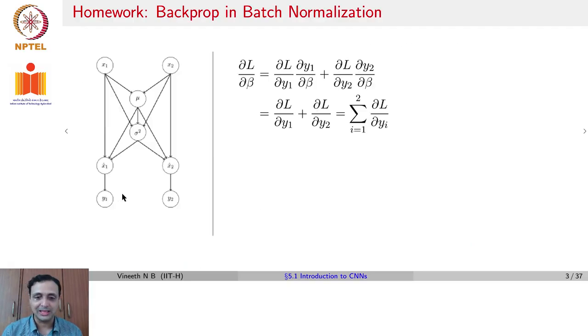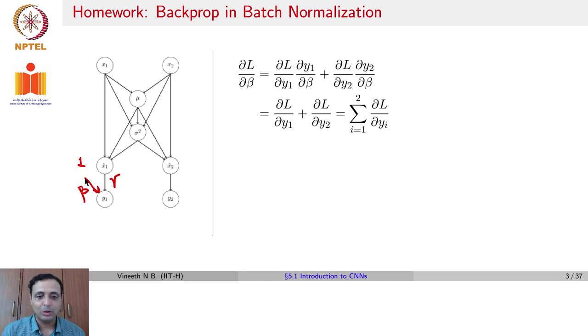Keeping that in mind, this is the main equation that you may want to keep in mind for the next few slides. So dou L by dou beta, you can assume that beta is almost an input into y, so you have gamma times xi hat plus beta times 1 is what is y1.